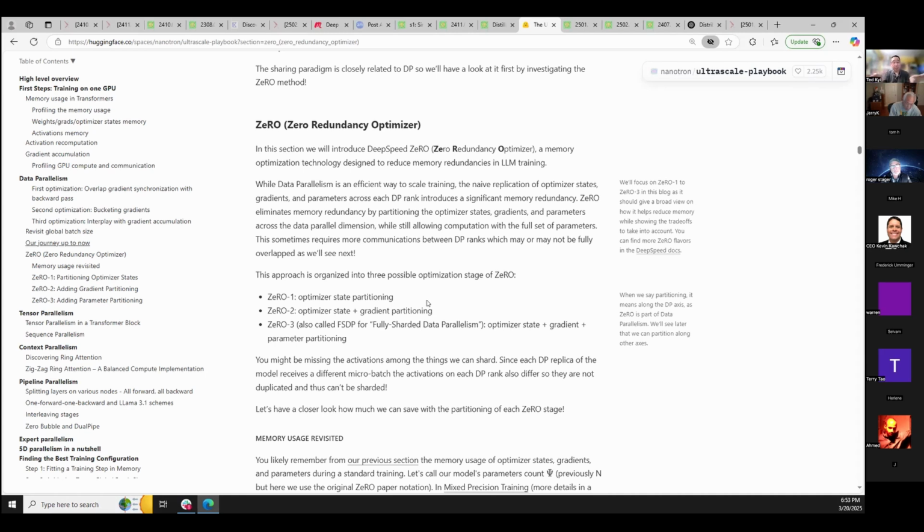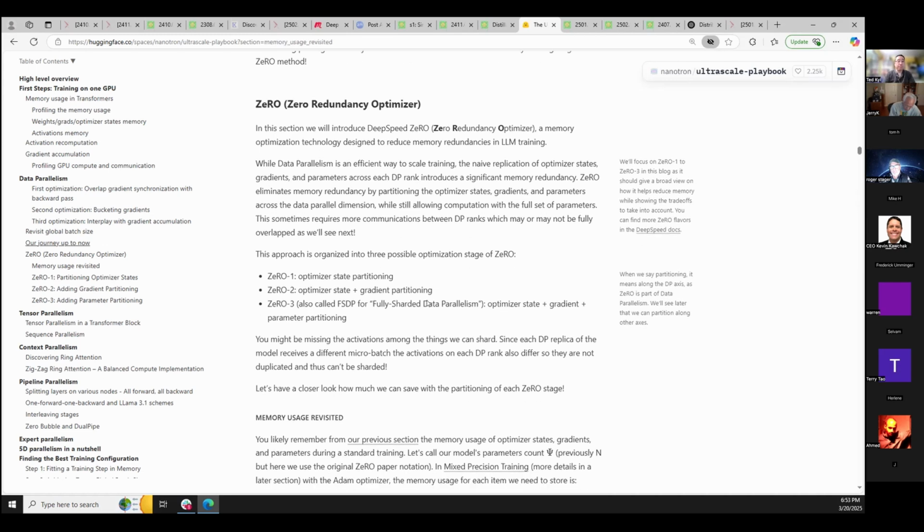And so they could split the calculations in half. And not only are they splitting the calculations, but the information they need to do those calculations is partitioned such that now they don't need to keep all the Adam information. They only need to keep the Adam information on the subset that they're calculating.